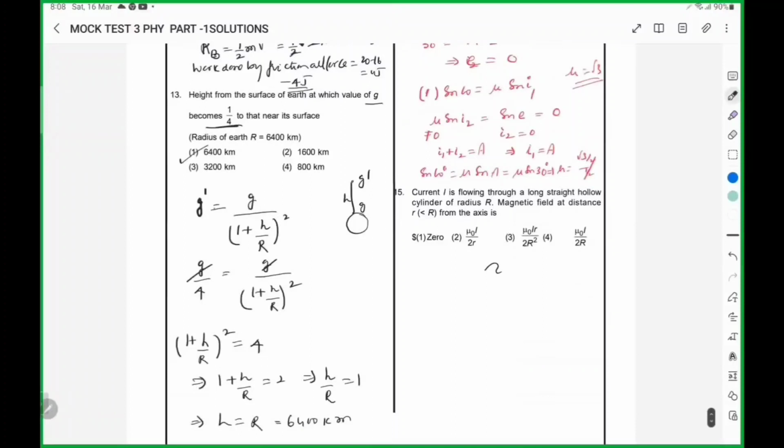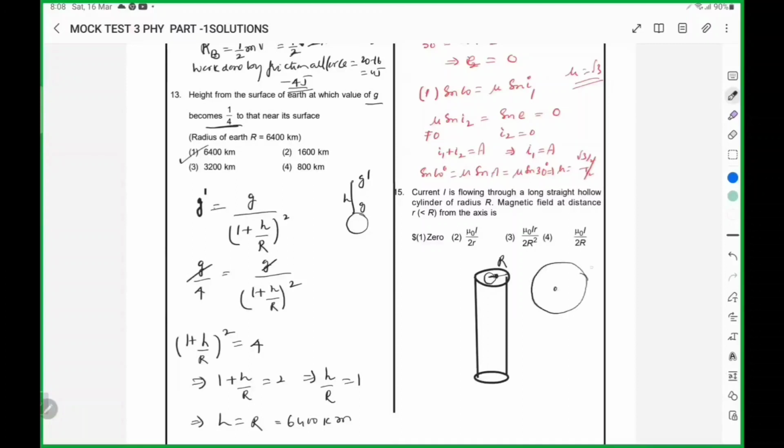A current I is flowing through a long straight hollow cylinder. This will be the radius, but he is asking for the magnetic field at a distance r.